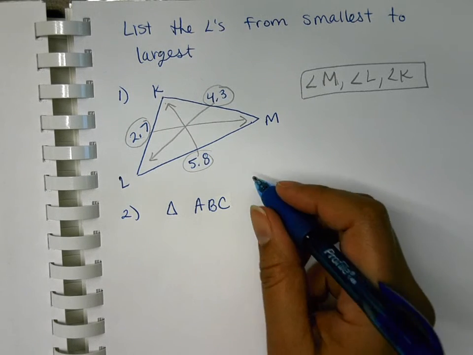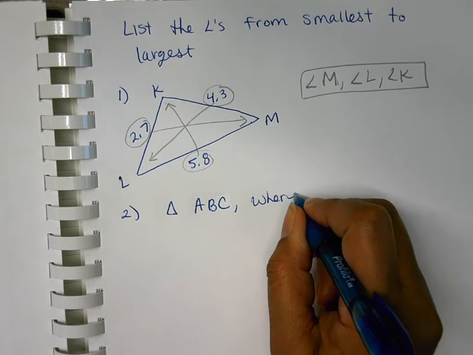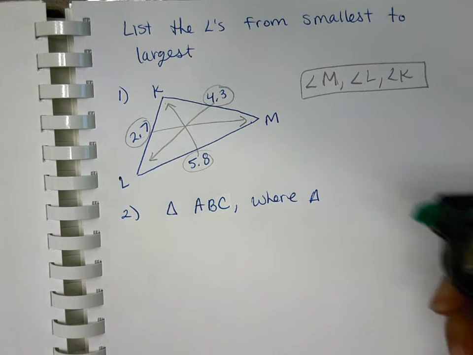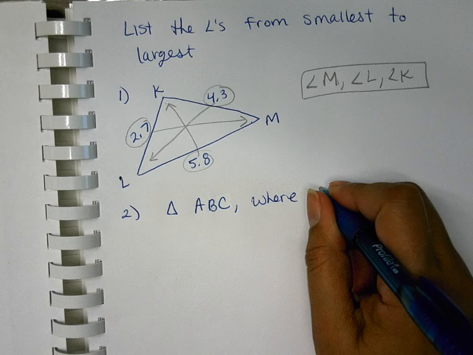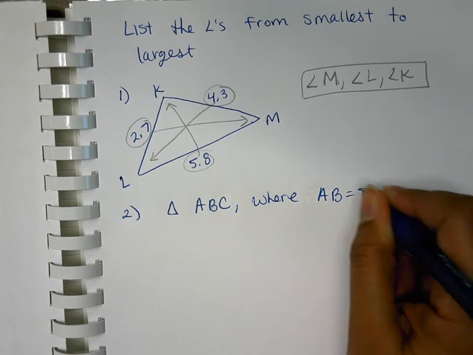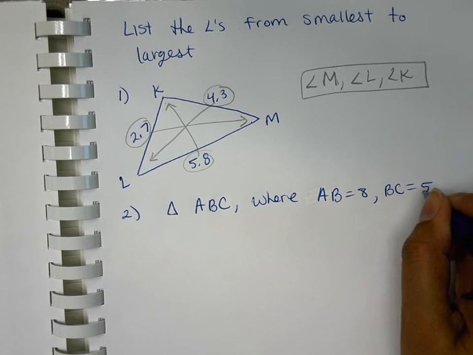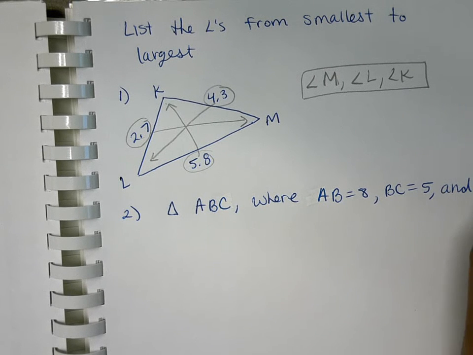Yes. Triangle ABC, where AB equals 8, BC equals 5, and CA equals 7.